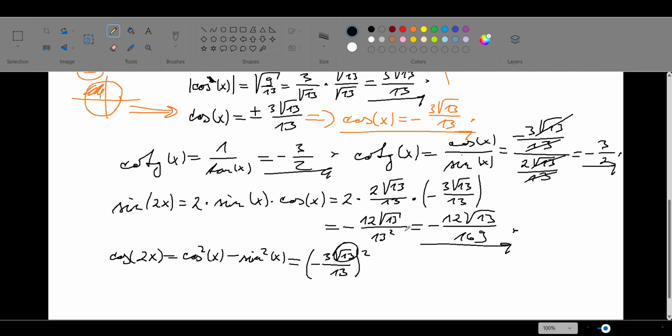At least we will get rid of these square roots, take away, and let me use the parentheses again, 2 times square root of 13 over 13 squared, which means a negative number will be positive. 3 squared is 9 times square root of 13 squared is 13 over 13 squared. Oops, sorry. Take away 2 squared is 4 times 13 over 13 squared.